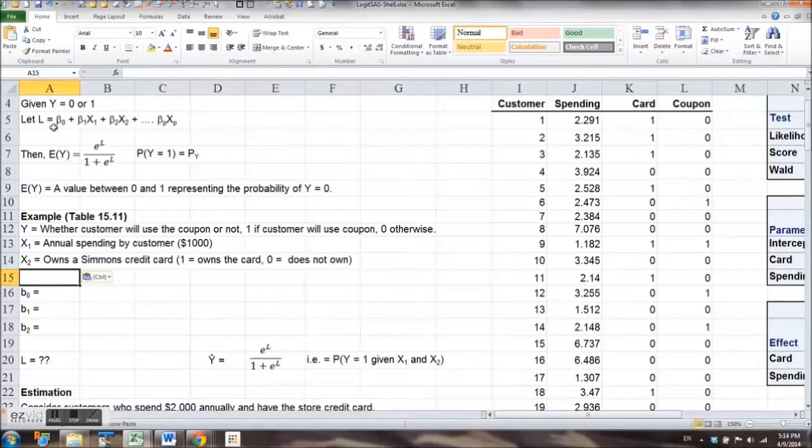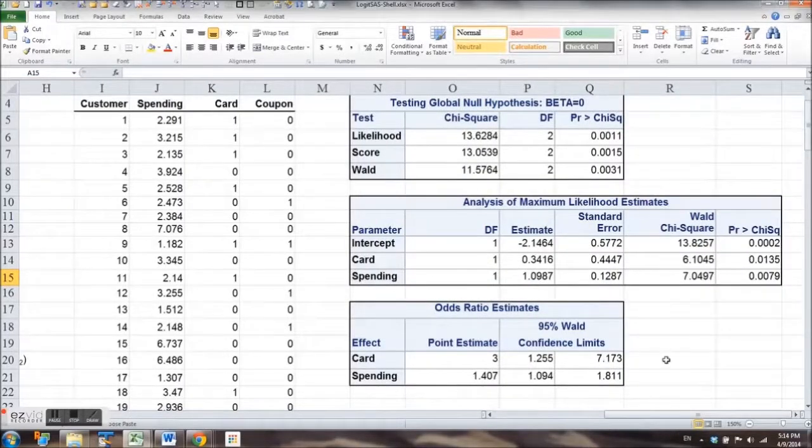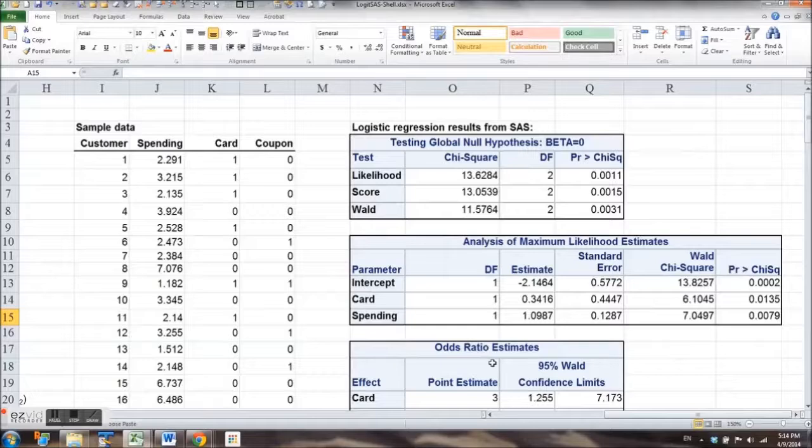Now our first step is to estimate L, the estimates for these beta coefficients, and I've already run this data through SAS, and here is the SAS output. There are 3 sections to this SAS output. The second table gives us the estimates. So these are the estimates: the intercept, credit card, and spending.